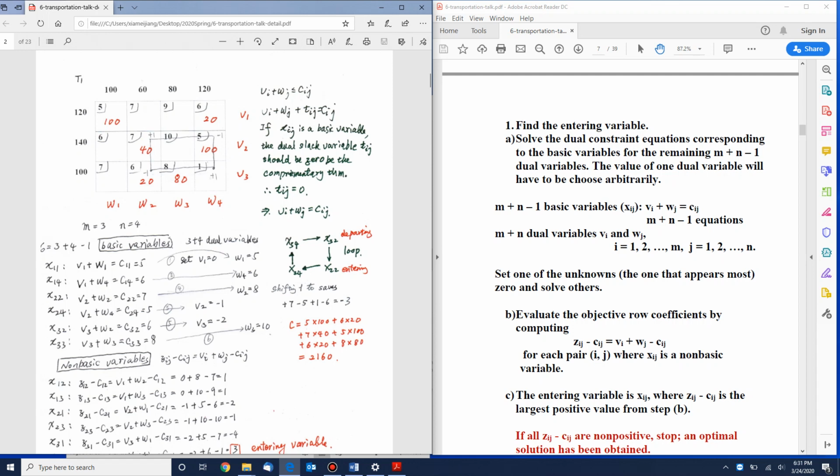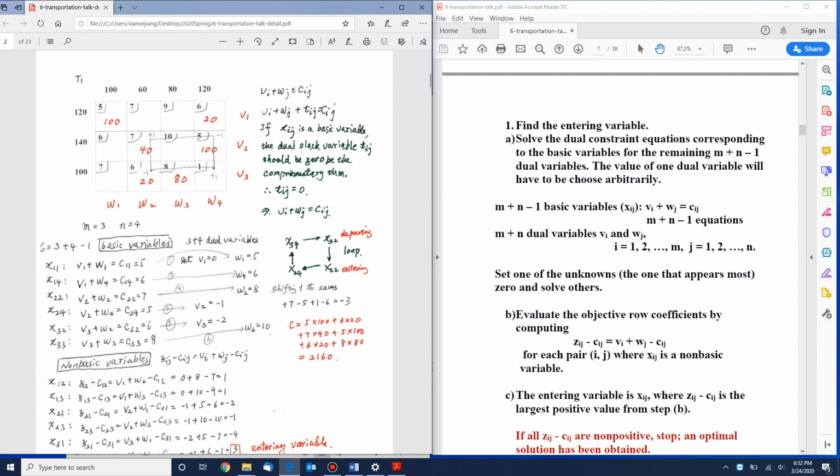We choose the one that has the largest positive value, and the corresponding non-basic variable will be the entering variable. And if all the zij minus cij for those non-basic variables are non-positive, then we stop. We already found the optimal solution.